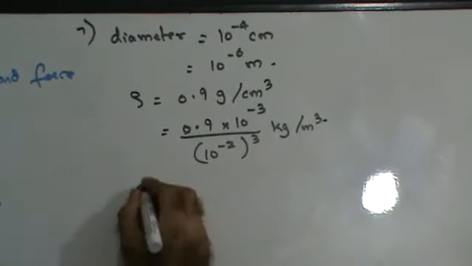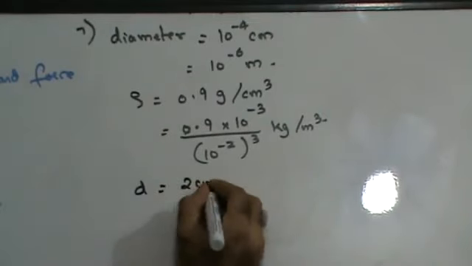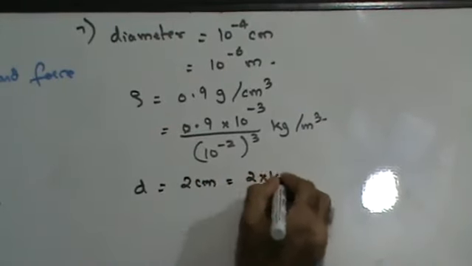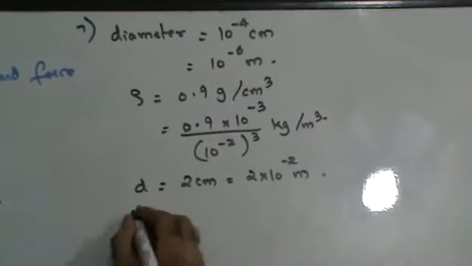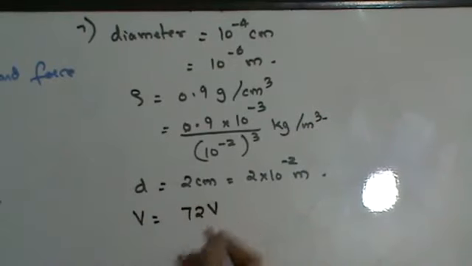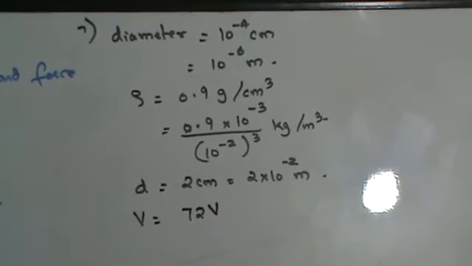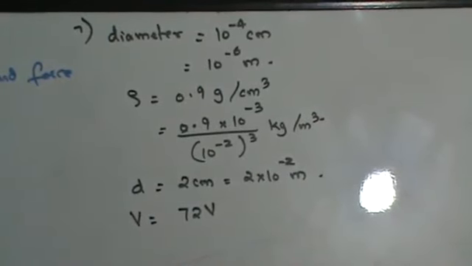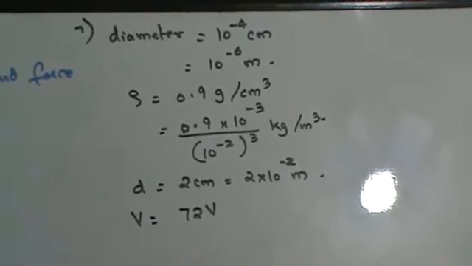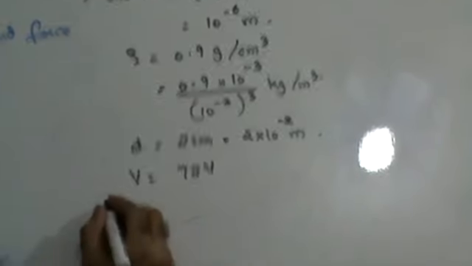If the plates are 2 centimeters apart, and a potential difference of 72 volts is applied, find the charge on the drop.